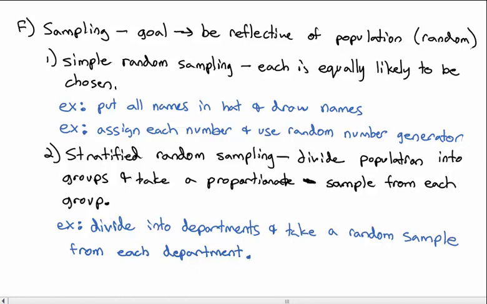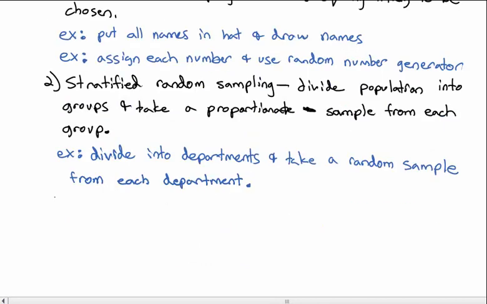That is stratified random sampling, which is very close and easy to confuse with what is called cluster sampling.